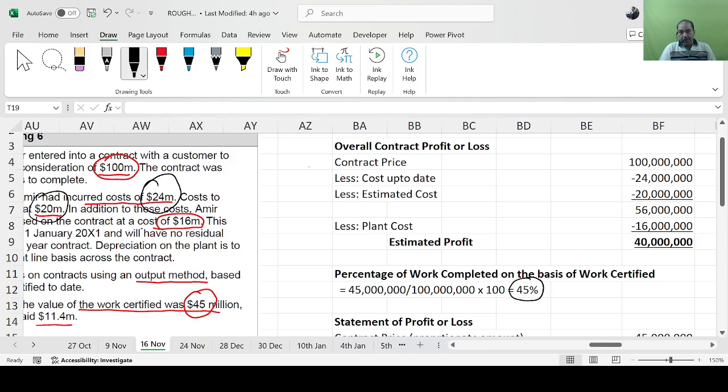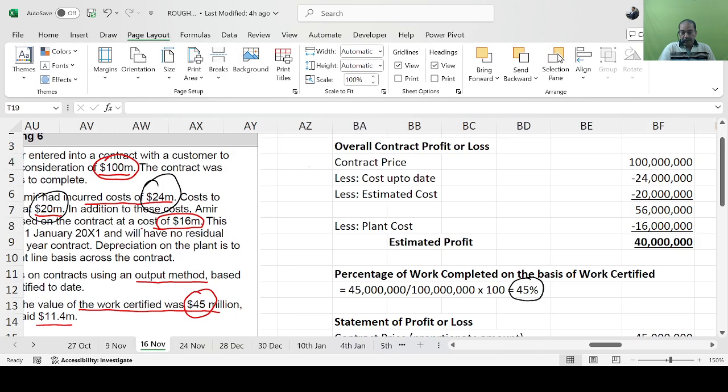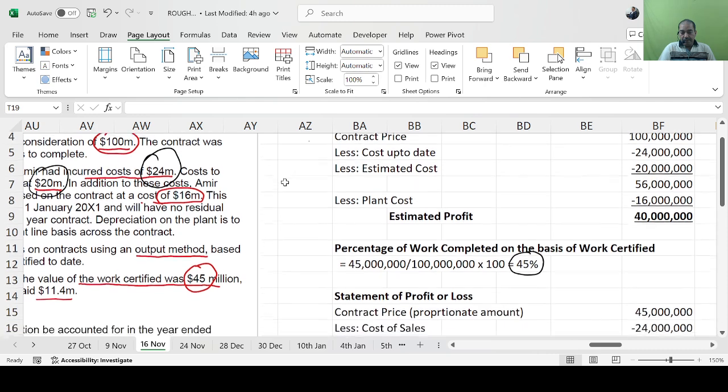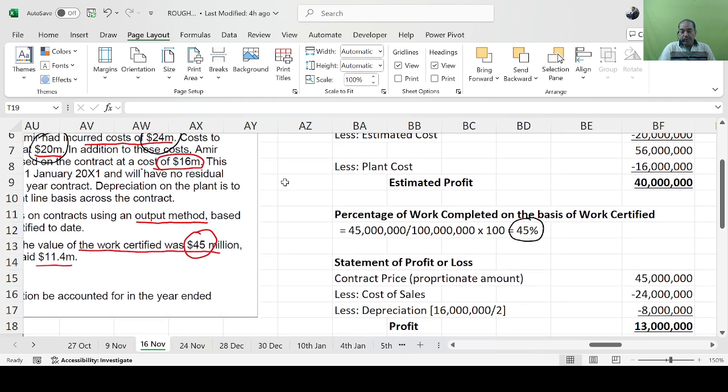Now step number 3. Step number 3, statement of profit or loss account. What do we have in that? Contract price or revenue on a proportionate basis. 45% of $100 million.